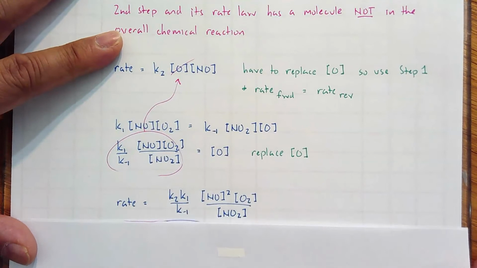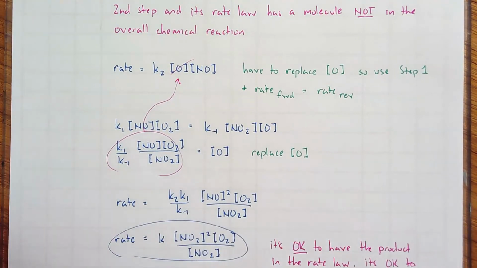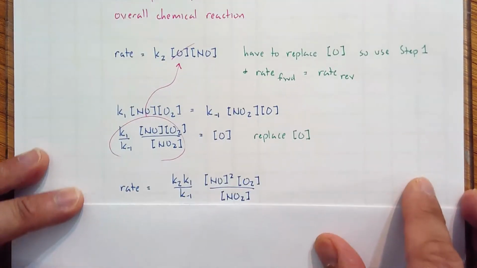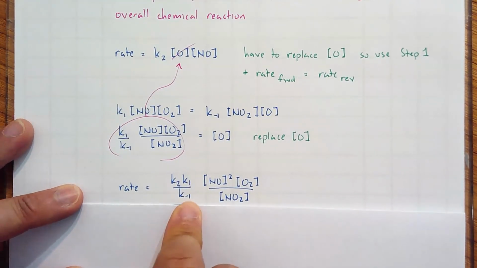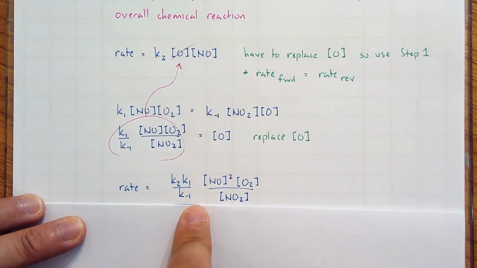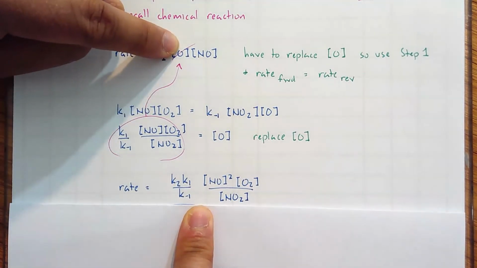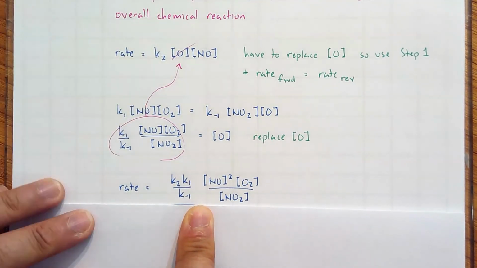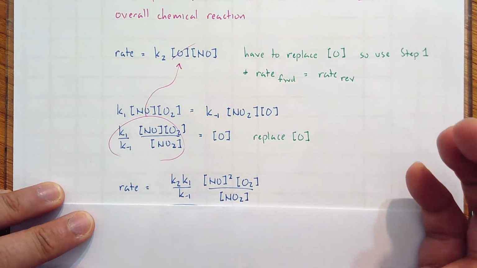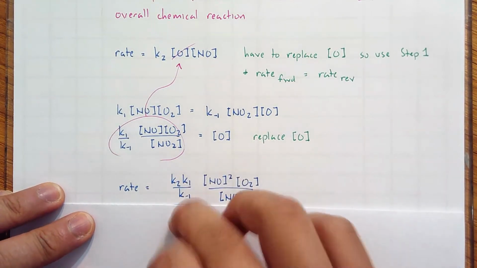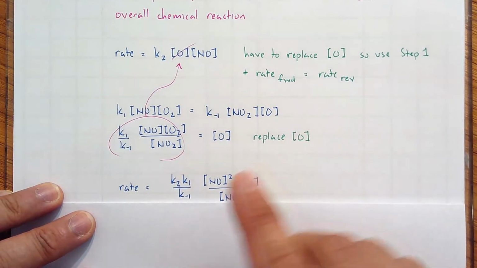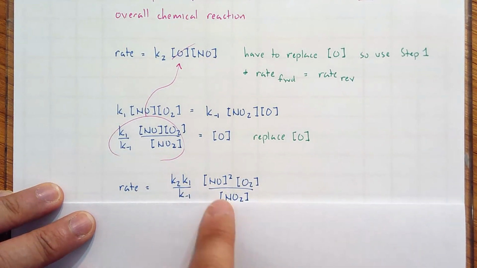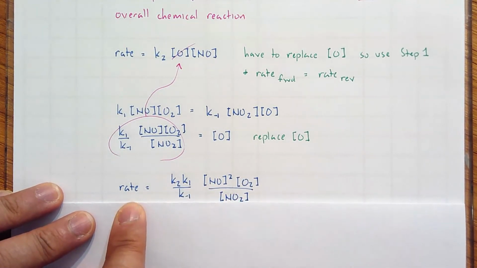And, okay, good. I get this as a rate. Now, this is the rate law for the overall chemical reaction, because I had replaced this O with all of this junk right here. Now the thing is, a constant times a constant divided by a constant is a different constant, but it's still a constant. And you'll still use that constant number and plug in your concentrations to figure out the rate. Okay.